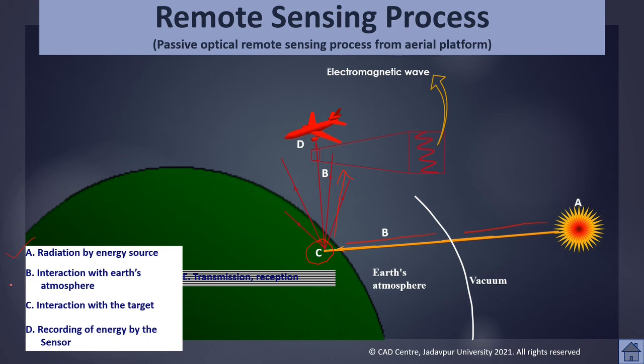So all these steps are exactly identical to the remote sensing from satellite platform. But in case of aerial platform, since the aeroplane comes back to the Earth's surface, we do not need transmission and reception.